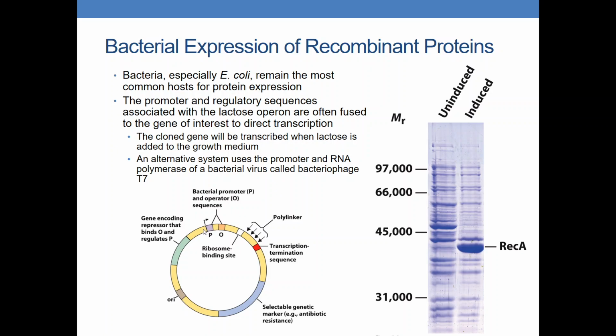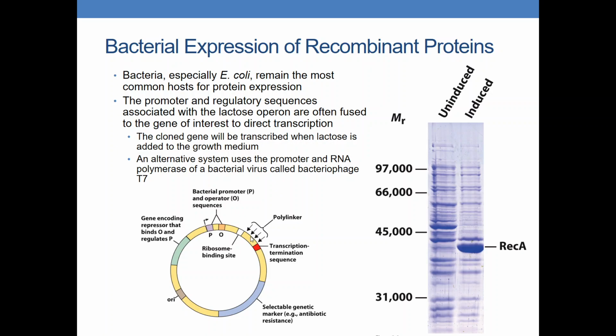The promoter and operator basically tell me, can I go or not? The ribosome is going to bind right here. In the corresponding messenger RNA, my ribosome will bind and synthesize the protein that I'm interested in, and then stop where the transcription termination sequence is.